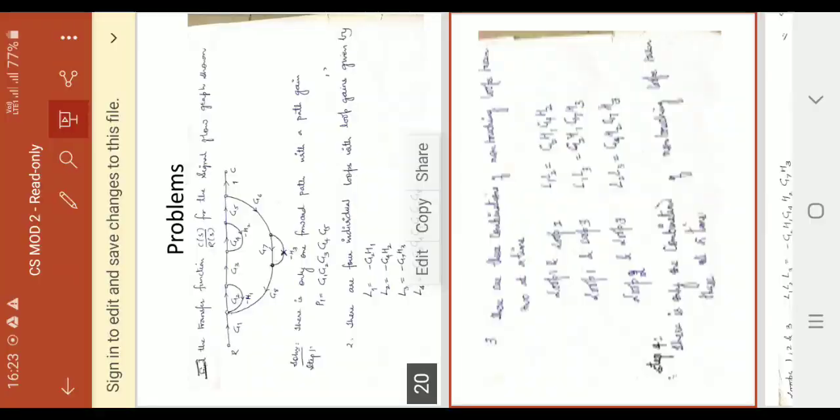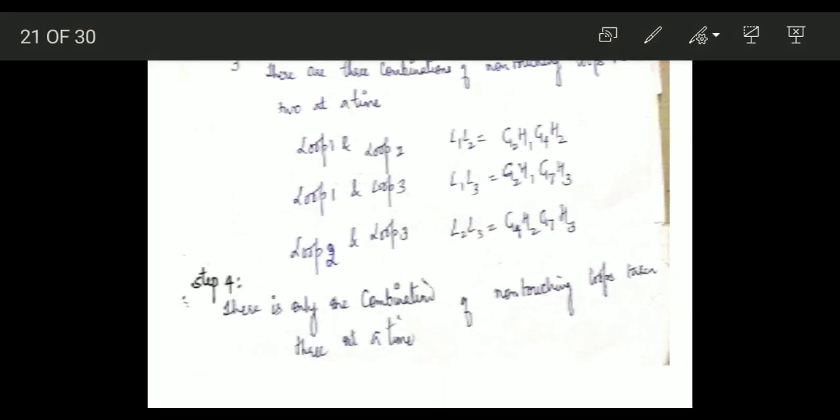Next, the third step is to see how many combinations of non-touching loops there are, taken 2 at a time. We have to take 2 loops at a time and they should be non-touching. So there are 3 combinations of non-touching loops taken 2 at a time.